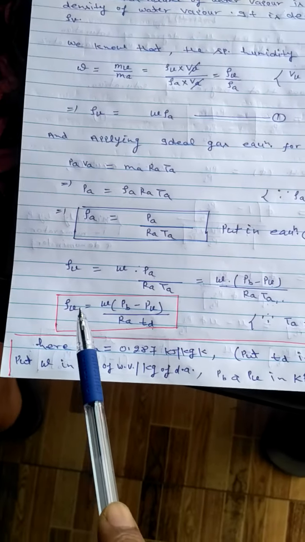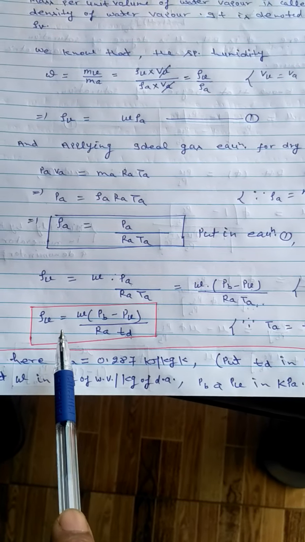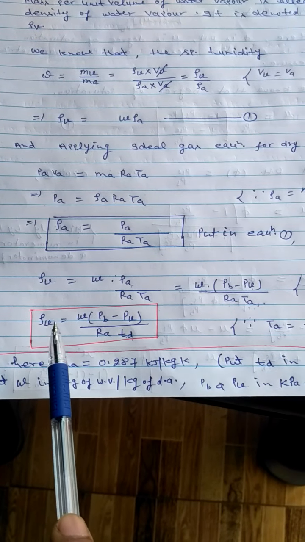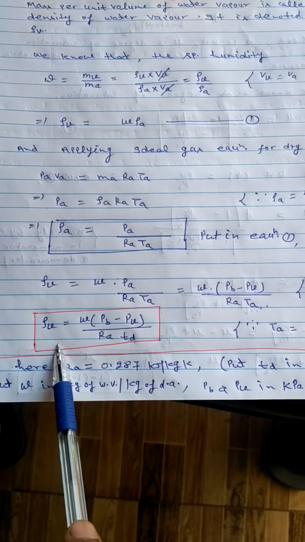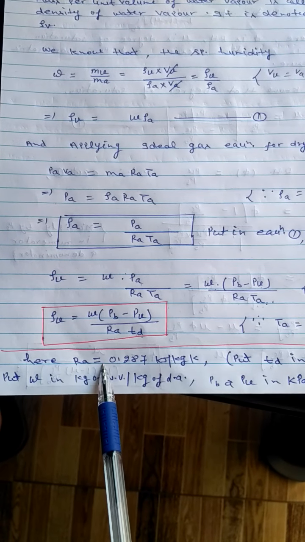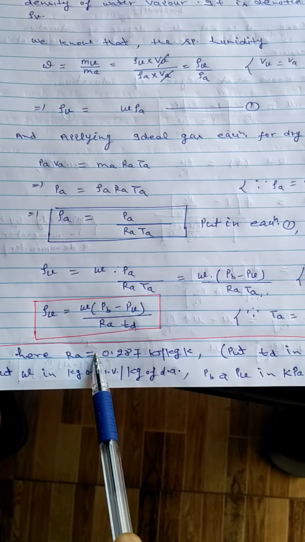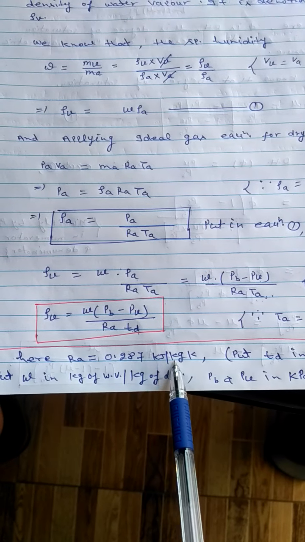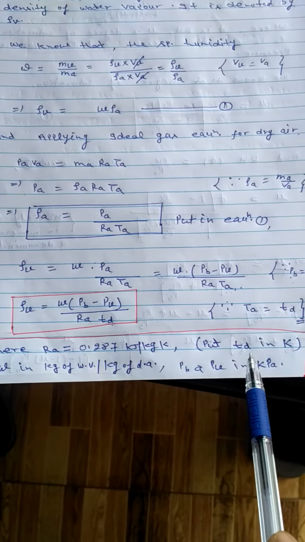But while we do calculation, it should be clear that this equation should be unit-wise balanced. Here the value of Ra is the characteristic gas constant for dry air, which equals 0.287 kilojoule per kg Kelvin.